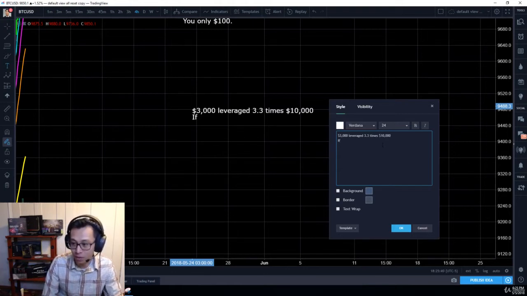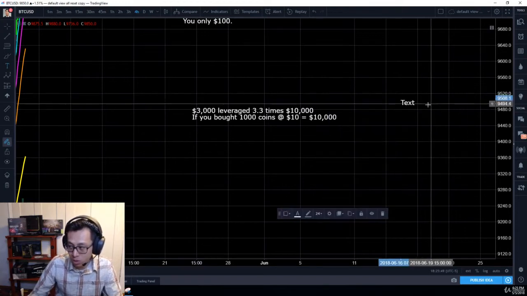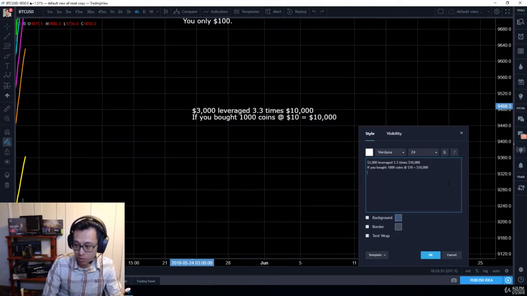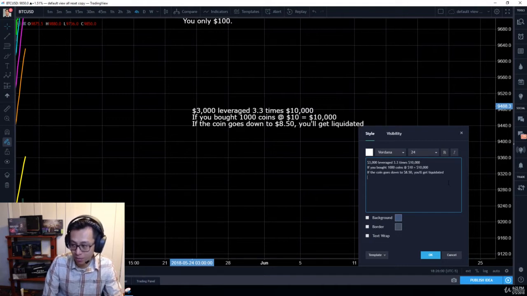If you bought 1,000 coins at $10, that equals $10,000. You have to maintain your 15% equity, so if the coin goes down to $8.50, you'll get liquidated. Ideally, if you sold at that price, $8.50 times 1,000 coins equals $8,500.